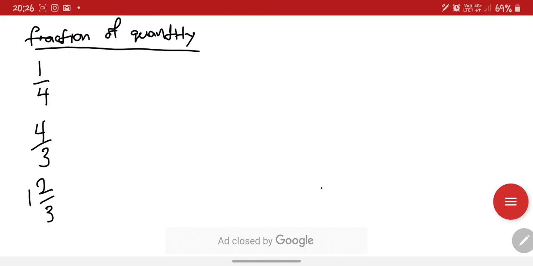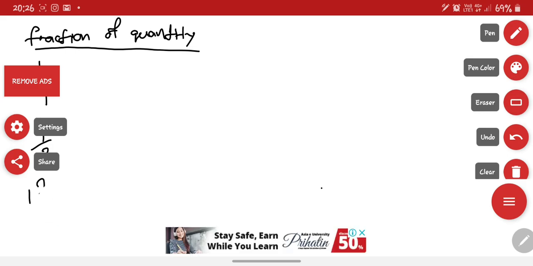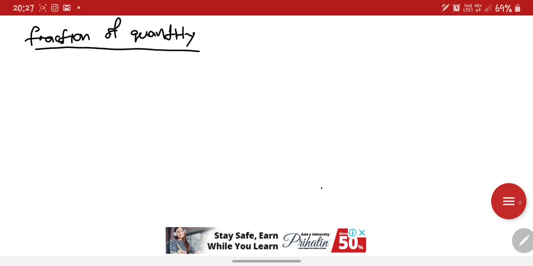So these are the fractions that you have to know. Now, in order for us to find a fraction of a quantity, we will need to use our proper fraction. Okay, before I do that, let's just go through a few things first.